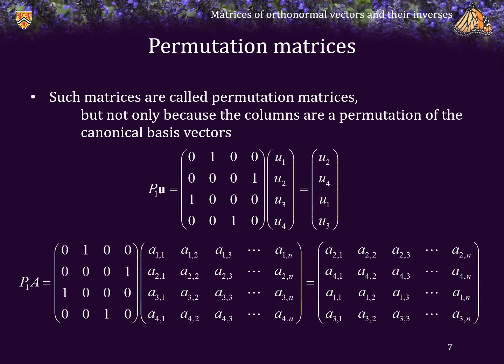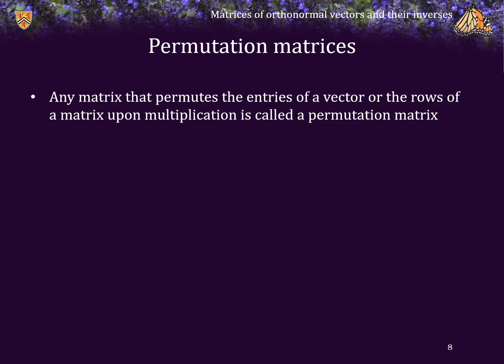So what we get is a permutation of the rows of the matrix A. Again, any matrix that permutes the entries of a vector or the rows of a matrix upon multiplication on the left is called a permutation matrix. And the columns will always consist of canonical basis vectors.